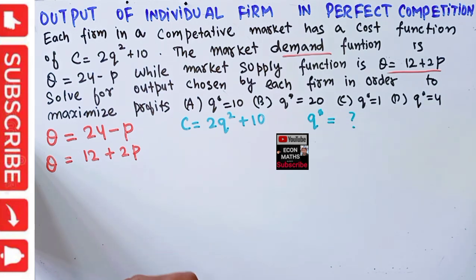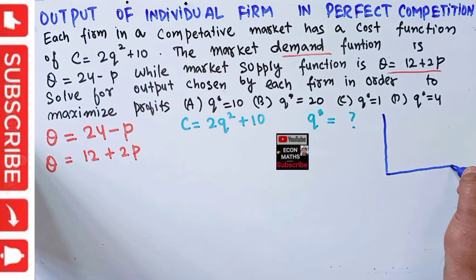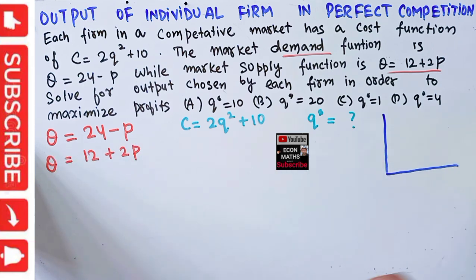First, in a perfectly competitive market, let us say this is the demand function. If I draw the graph here, this is the demand function. Then we have the supply function.